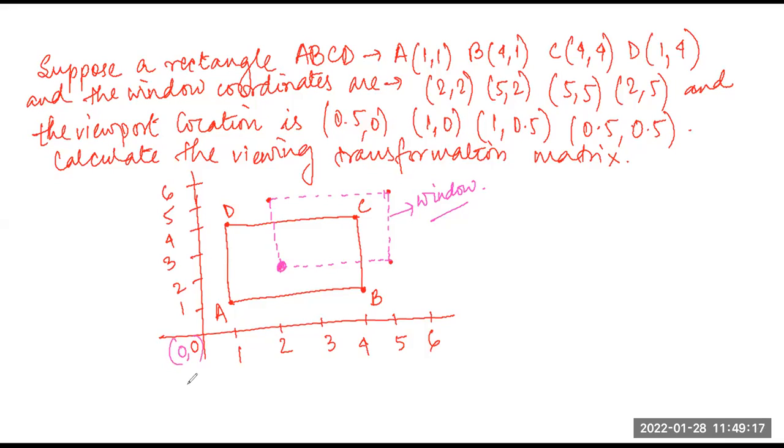You need to see the screenshots or where you have written and tell me, then I will do the sum. What was the first step of the window to viewport transformation?